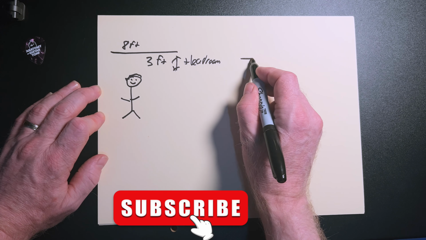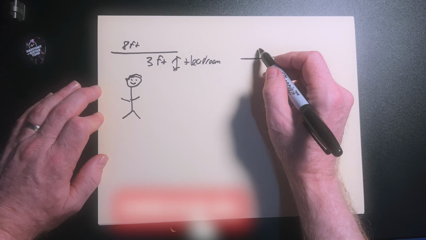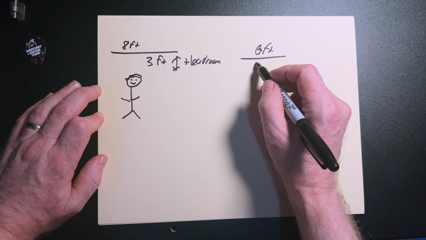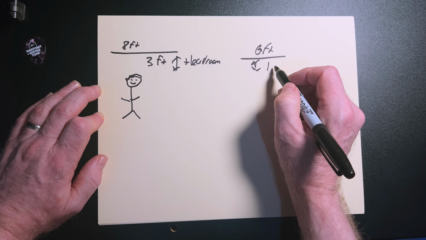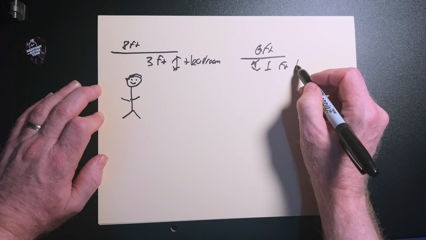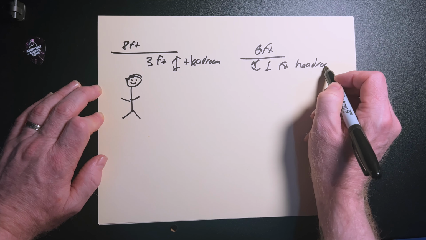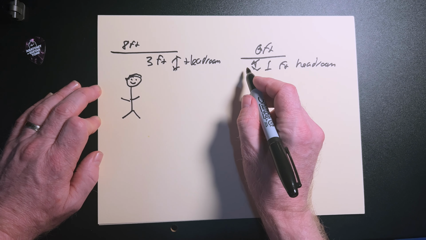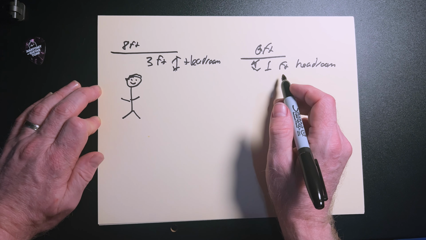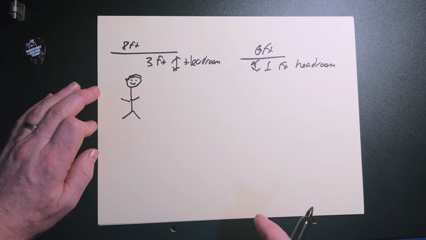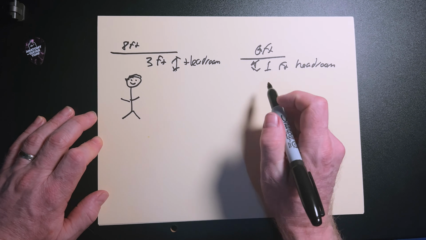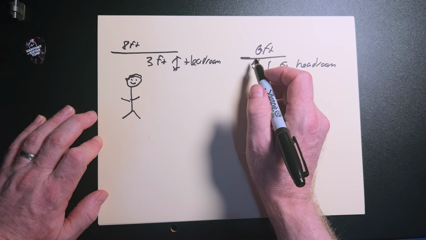If I had a ceiling that was, let's say, 6 foot, then I would only have 1 foot of headroom. That doesn't give me as much space between my head and the ceiling. The way compression works is your signal is not going to start to compress until it starts hitting the ceiling.